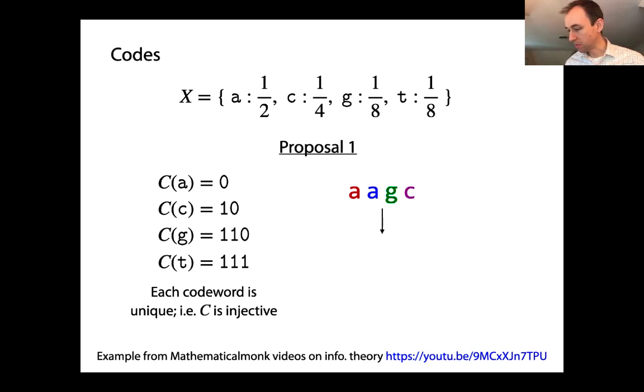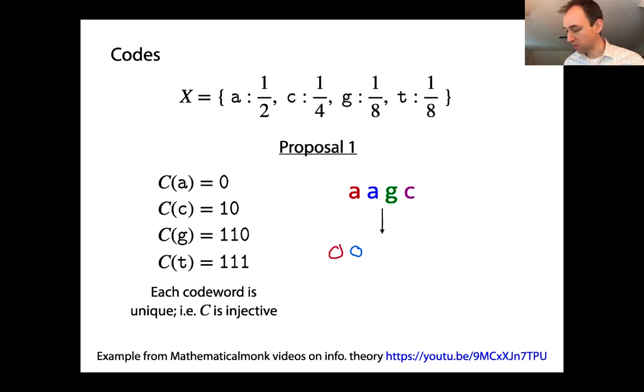Now, to take the example a bit farther, let's actually encode a string. So here I've got this string AAGC. I should use my function C to write down what would be the code that I would get if I encoded each character and concatenated the codes. Okay, so my code for A is 0, so I'll put a 0 down here. And my code for A again is 0, so I'll put a 0 down there.